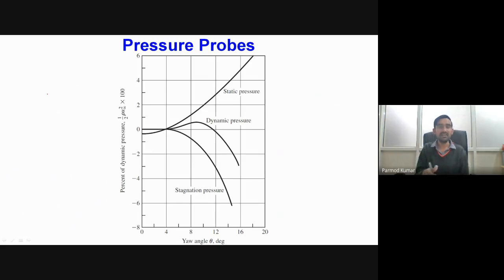Okay. And this is the corresponding situation of percentage error in our dynamic pressure. So this is the percentage error in dynamic pressure depending upon the yaw angle.